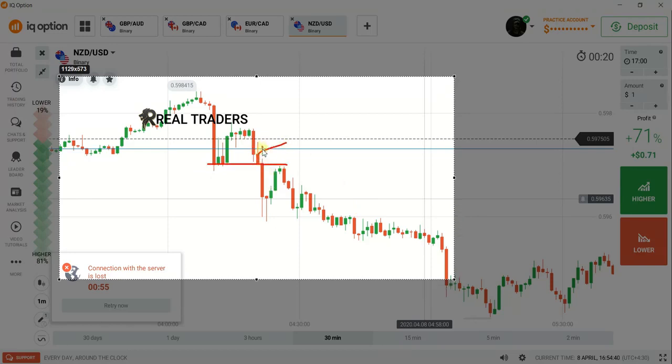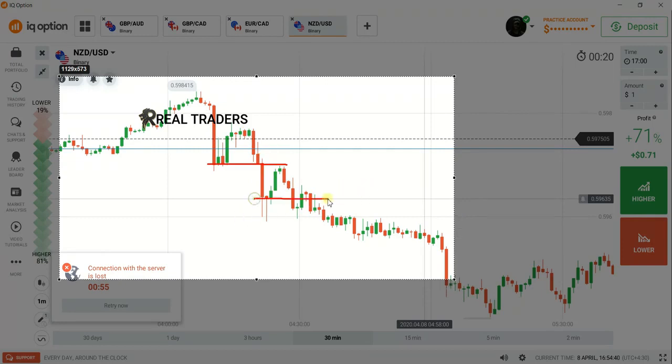Even though you can see the market closed at the level, the actual support level is here like this, a trend line. So even if the market closes at the level, it breaks the level because the market is moving like this, so it doesn't respect the previous support level.